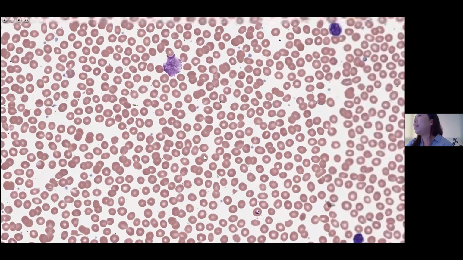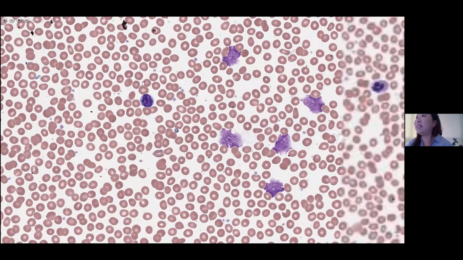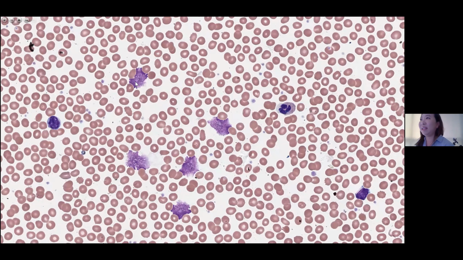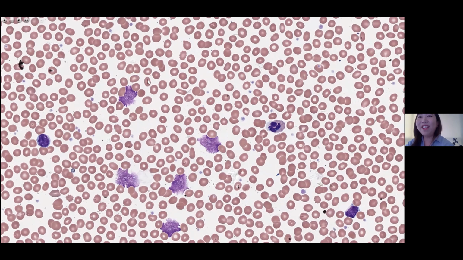So does anybody want to take a guess what these forms are called in the chat section, in the comment section? So we've already got some comments here in that these are small mature lymphocytes and smudge cells. Very good.